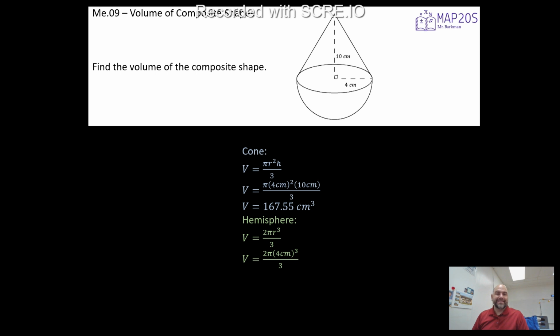The radius is the same for the hemisphere as it is for the cone, because you'll notice those circles at the bottom, the bases, are exactly the same. We're only given the one measurement, so we assume, and the drawing really shows it, that we have the same one, and we'll get a volume of 134.04 cubic centimeters. So that's for our hemisphere.